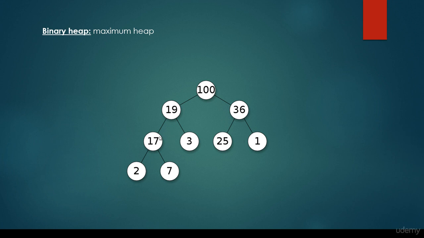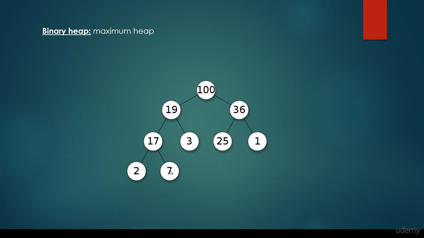It's very important that the order doesn't matter as far as the left and the right children are concerned. As you can see here, for this subtree, the left child 17 is greater than the right child 3, but here, for example, for this subtree, the left child 2 is smaller than the right child 7.